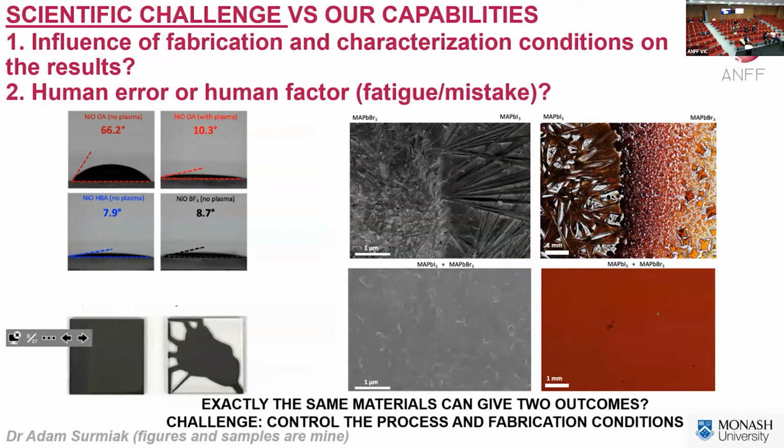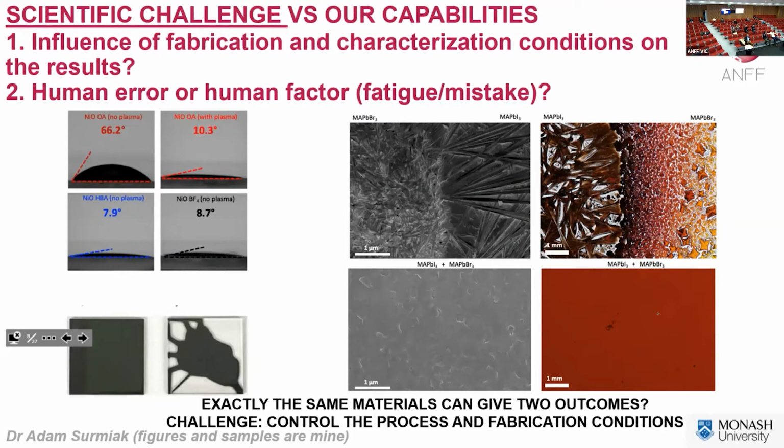First of all, I want to bring your attention to the slide I have here. This is part of the research related to nickel oxide and perovskites. The same material has been deposited on the substrate in different conditions, and as you can see, if it's not mixed properly, or the conditions are slightly different, you might end up with a beautiful photovoltaic film ready for your solar cell device, or you can end up with something pretty bad.